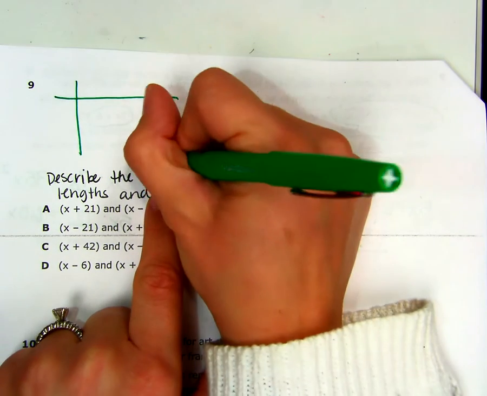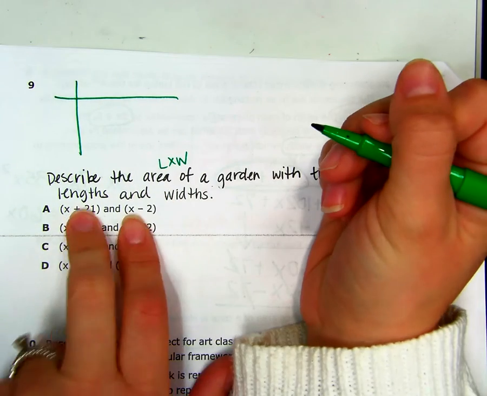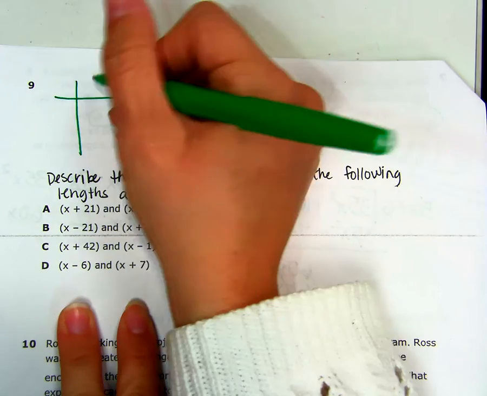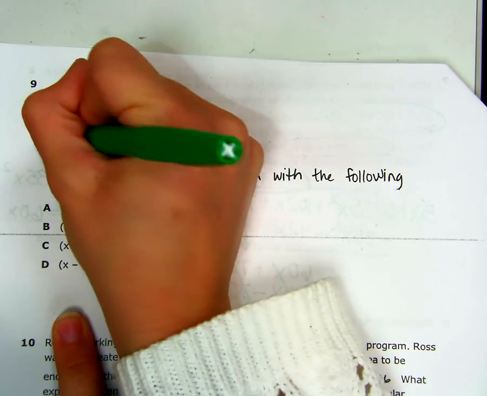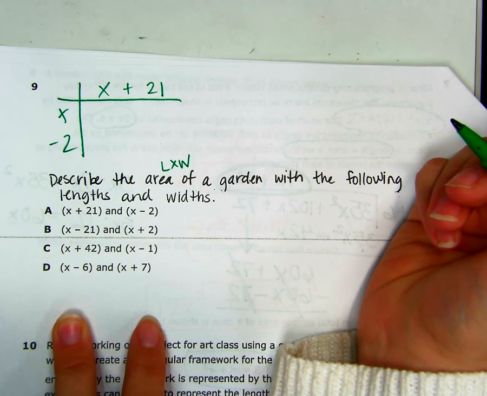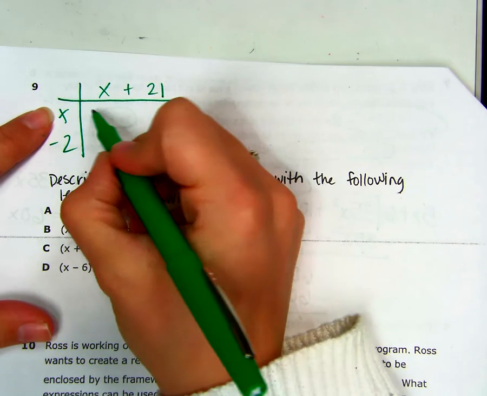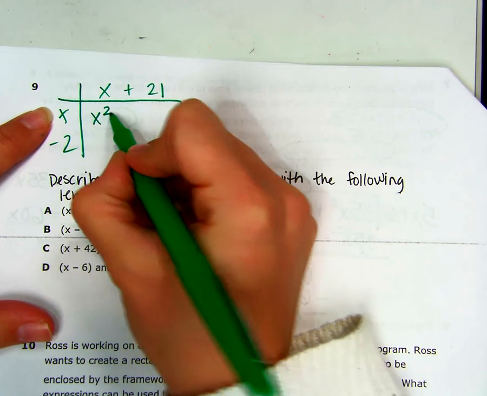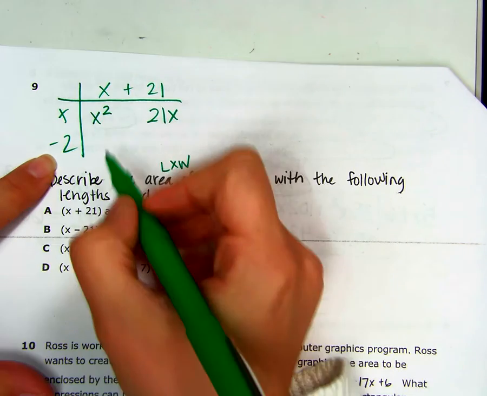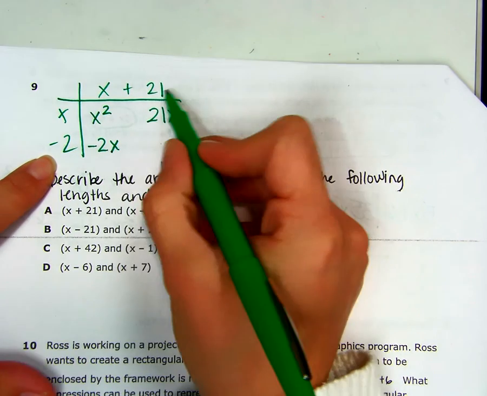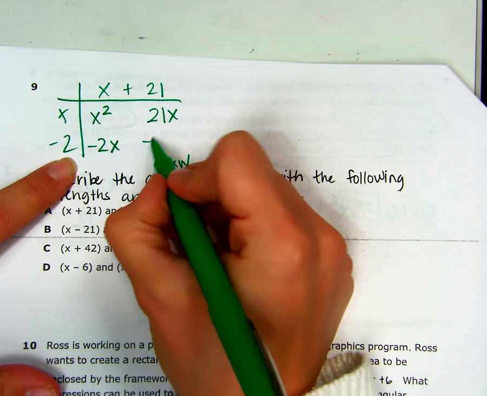To find area, I do length times width. So in each of these cases, I need to be able to do the length times the width. So x times x makes x squared. 21 times x, 21x. Negative 2 times x, and 21 times negative 2 is negative 42.